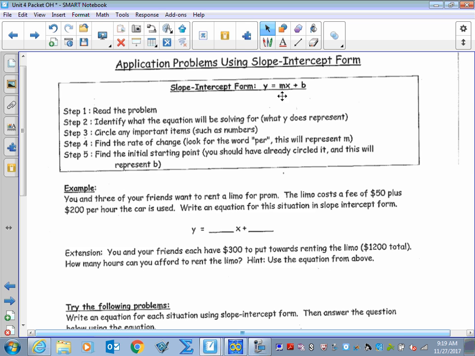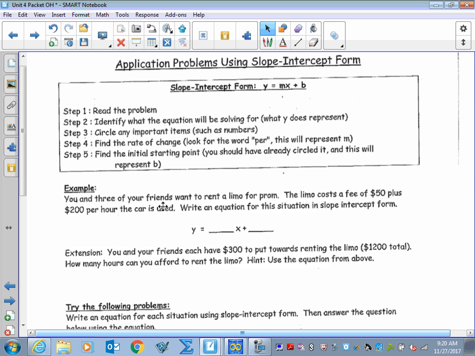Rate of change is your slope. That's just another name for slope. So when you see those words and it says like 10 per hour, then you know the 10 would be the rate of change. It will replace the m. Find the initial starting point, which is like your b. Your b is your constant when you have this in slope-intercept form.